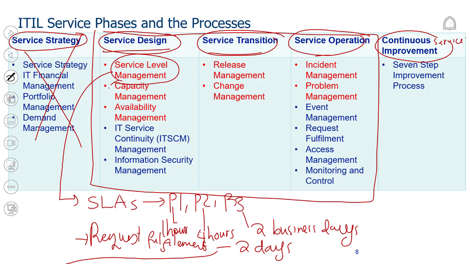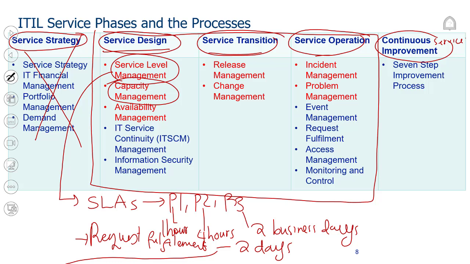Capacity management. This is to make sure that whatever IT assets we have, we don't have so much of it that we are wasting it, but we also don't have too little. A good example is my storage.